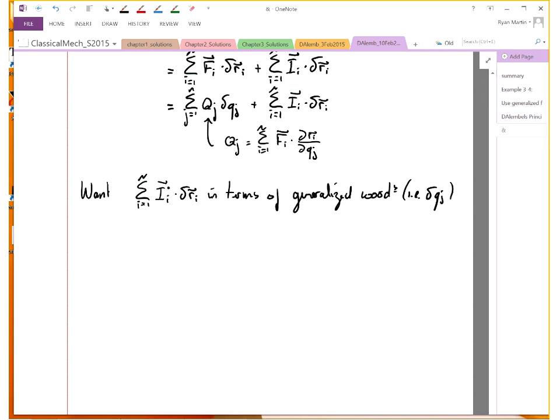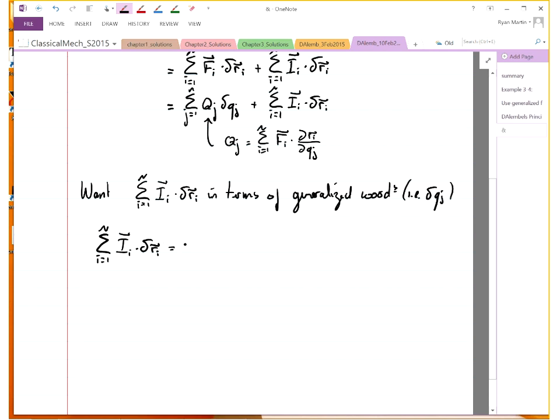So the whole rest of the lecture is going to be manipulating this term of I sub i dot delta r_i. So we have the sum from i equals 1 to N of capital I sub i dot delta r_i vector.